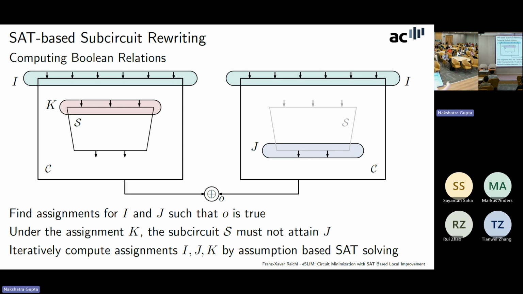Then we just repeat the search for new satisfying assignments until we can find no further assignments. In this case, we found all these pairs. Now, by complementing this set of pairs, we get the relation, because only the input-output behaviors in this set would change the function. So every pair which is not contained is okay.